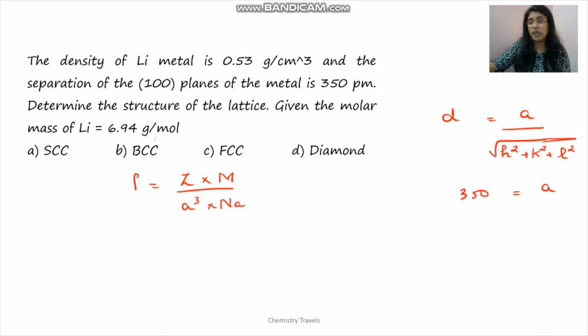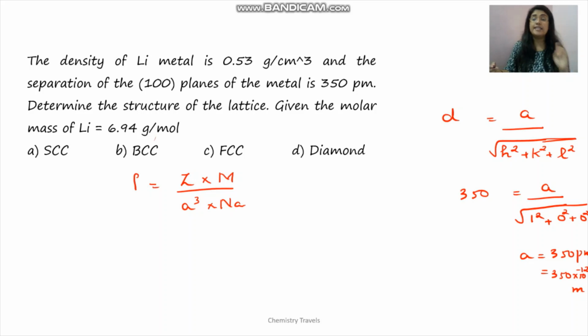That is equal to A by root of 1 square plus 0 square plus 0 square, as HKL is 100. So the denominator would become 1. So A becomes equal to 350 picometer, or 350 into 10 raised to minus 12 meter.